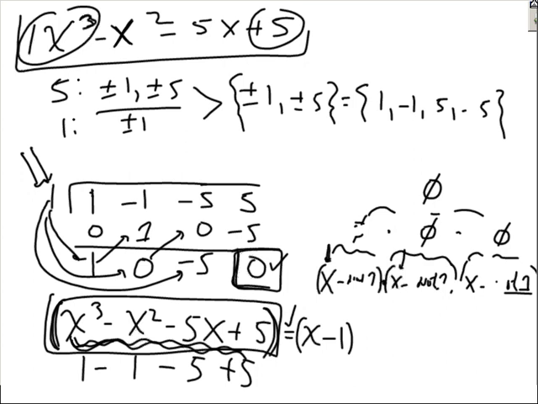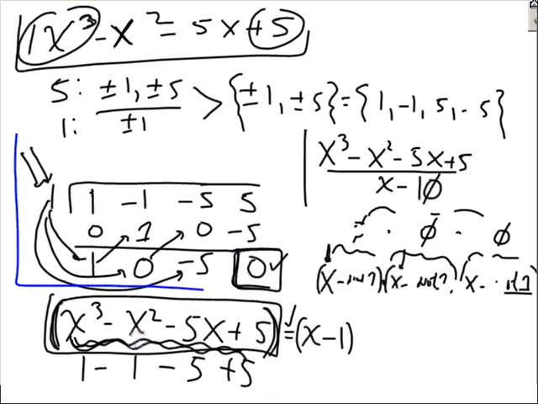Now, let's just look at this. This is heavy duty, but let's look at something. You have x cubed minus x squared minus 5x plus 5, and you were asked to divide by x minus 1. Wouldn't you have done this? The answer is yes.